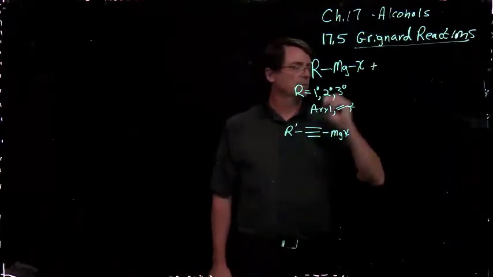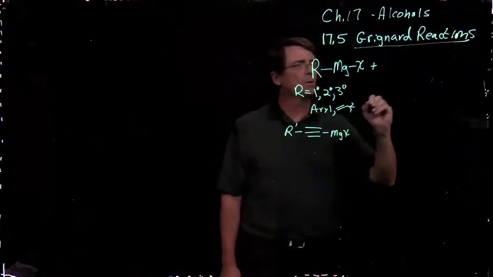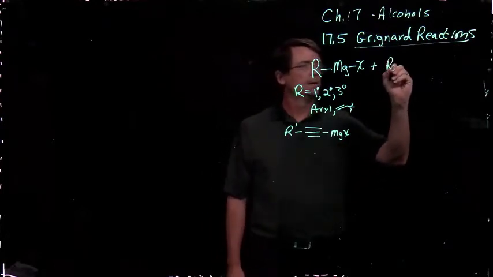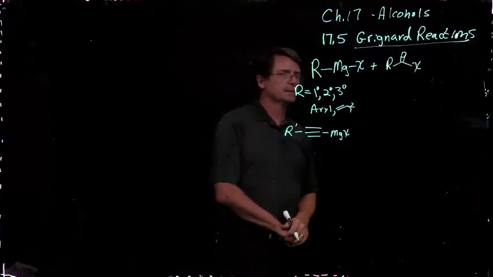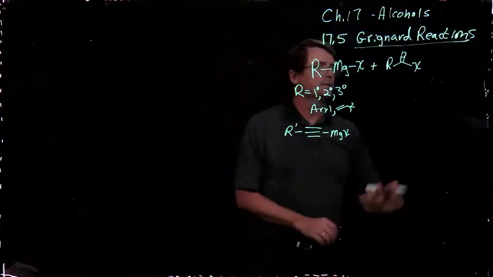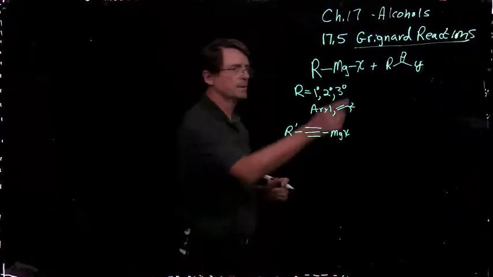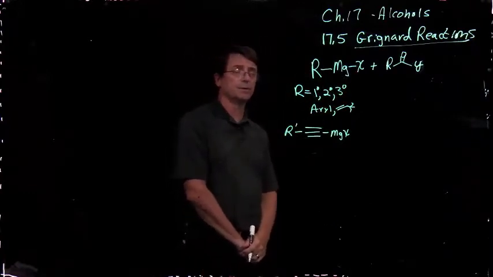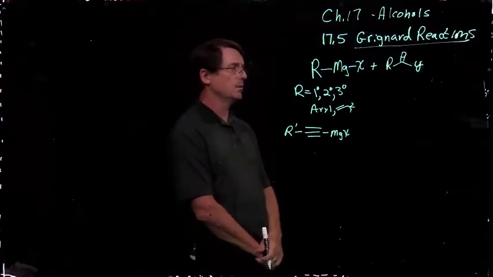These then react with different kinds of carbonyls. We're going to look again at a carbonyl. And I'm going to call this one Y, because I've already used X. And X in the case of a Grignard is a halogen, typically chlorine or bromine. Can be iodide also.